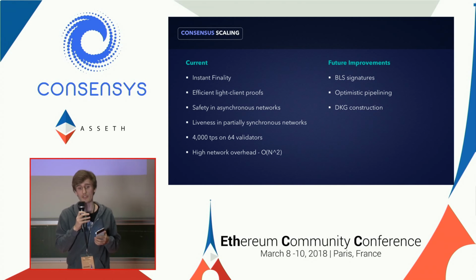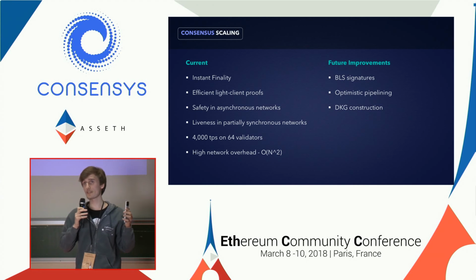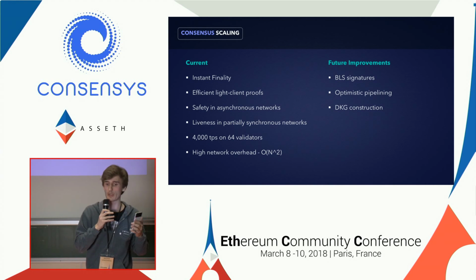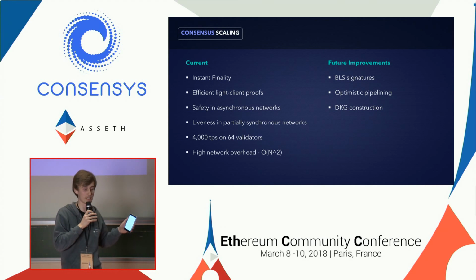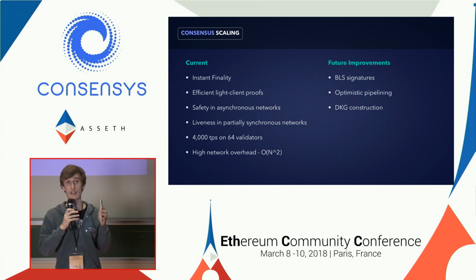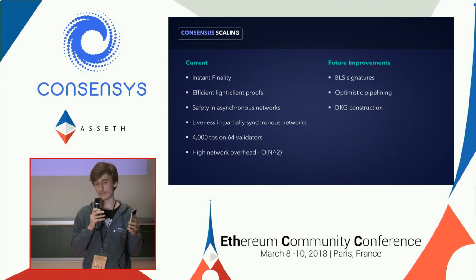At the peak, if you have 64 validators and beefy data centers, this gives you about 4,000 transactions per second. So think about the scalability increase that you get from switching to BFT consensus.